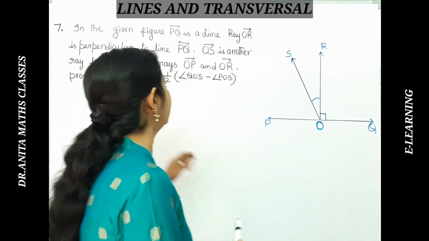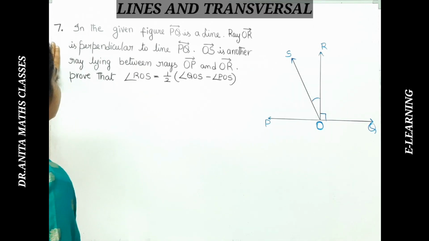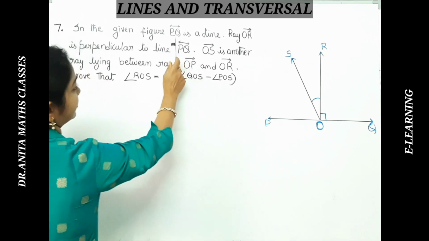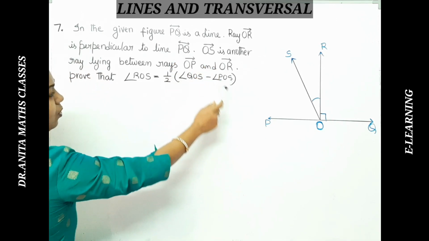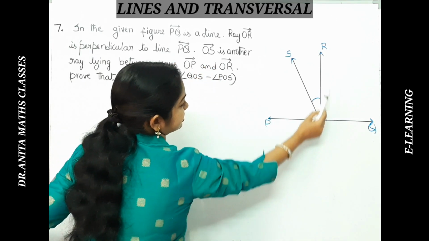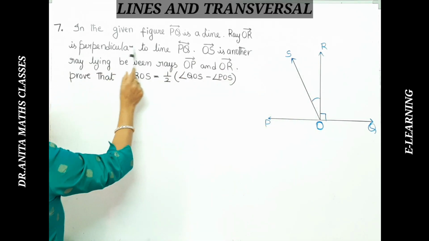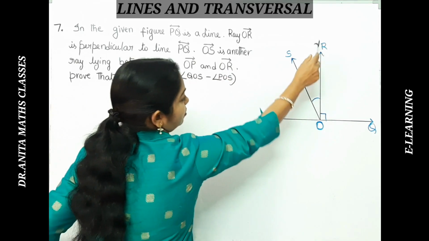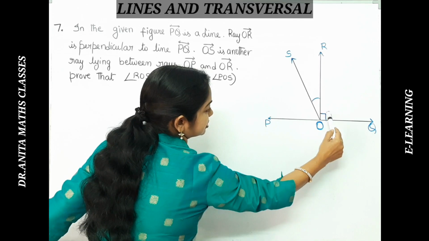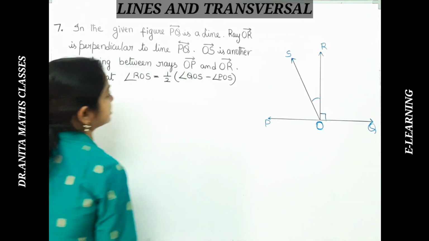Now let's get started. I have noted down the problem, that is the seventh one. In the given figure, PQ is a line, ray OR is perpendicular to the line PQ. That's why the box angle is written here, that is 90 degrees.